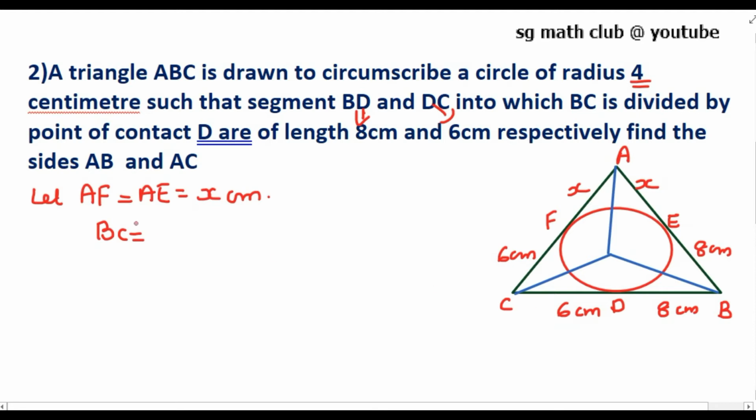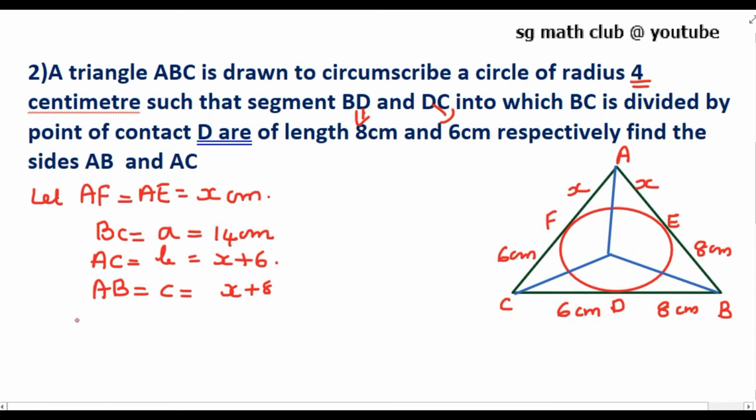So I am going to take the length of BC as a, which is equal to 14 centimeter. Again, the length of AC I am going to take as b, which is equal to x plus 6, and the length of AB I am going to take as c, which is equal to x plus 8 centimeter.